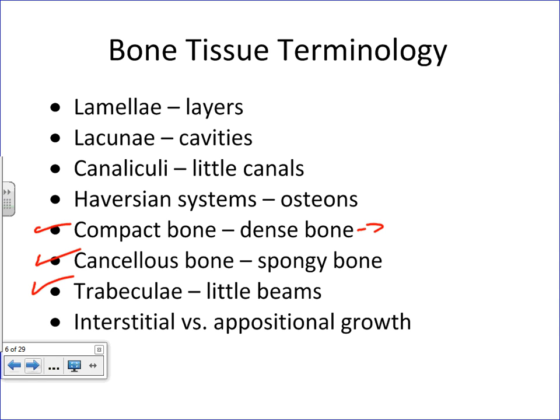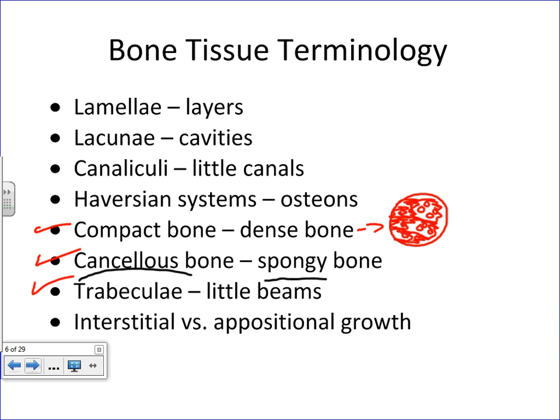Again, it's not a completely solid object, because if you take a look at a sample of compact bone, you're going to see canals and holes and systems within this bone. But when you look at the matrix of the bone, there's going to be a lot of very dense mineralized matrix. Remember that combination of collagen and those calcium salts within the tissue spaces of that bone, and that's going to make for a very hard but still flexible tissue. But it's going to be a lot more compact than what we call cancellous or spongy bone.